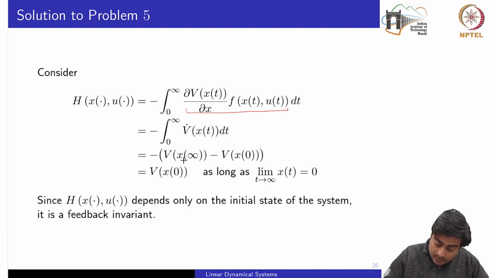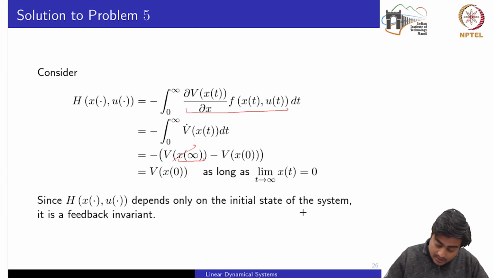Okay, so now if I use this condition that my x would become equal to 0 as t tends to infinity, so this inside part would become equal to 0, and I know from the property of the function v that v of 0 is equal to 0. So this part would go away and the remaining part is v of x at 0. So by computation we see that this functional h depends only on the initial condition.